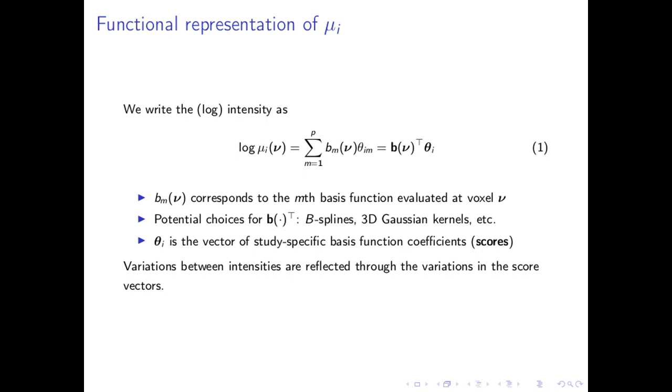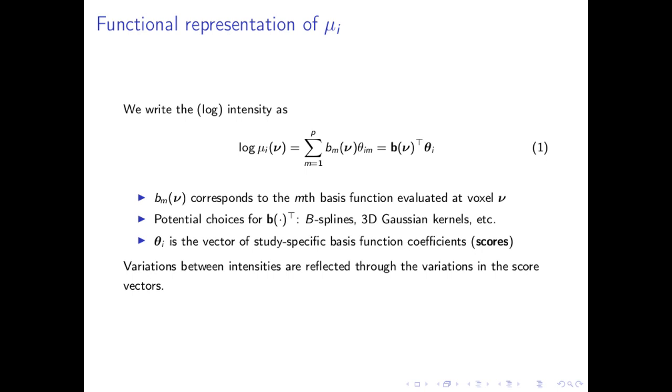They can be splines, 3D Gaussian kernels, or really anything you want, depending on the application. And we have P of them, so we throw in P basis functions that you choose a priori, times some basis function coefficients that I'm calling theta_i. They're also called scores. Now, because the basis functions are fixed a priori and they're common across the different studies, all the variations in the study-specific intensities mu_i are reflected in variations through the score vectors.